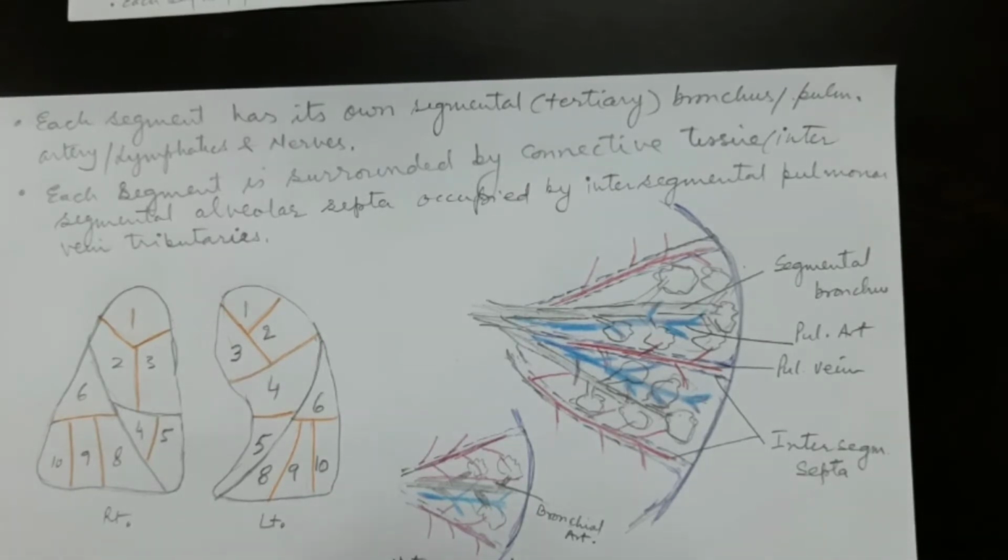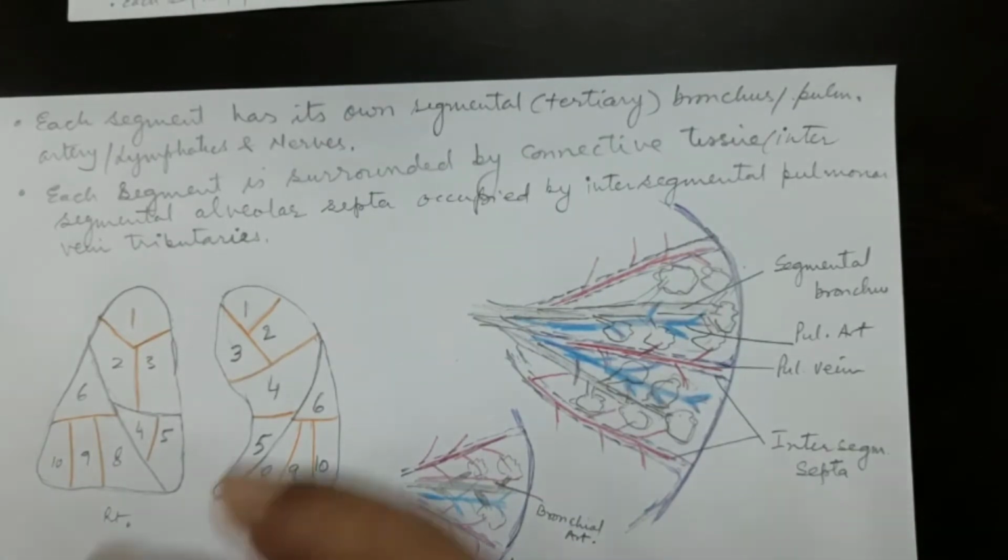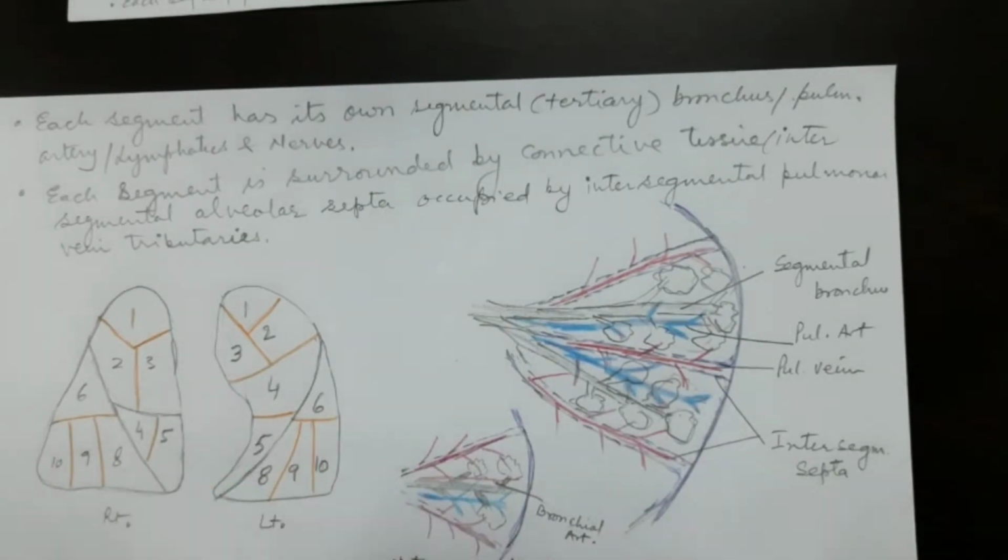The lymphatics and nerves will go along with the pulmonary artery and the segmental bronchus, okay. So these many structures are within each bronchopulmonary segment. They will be the contents of the segment, which is pyramidal in shape, okay.